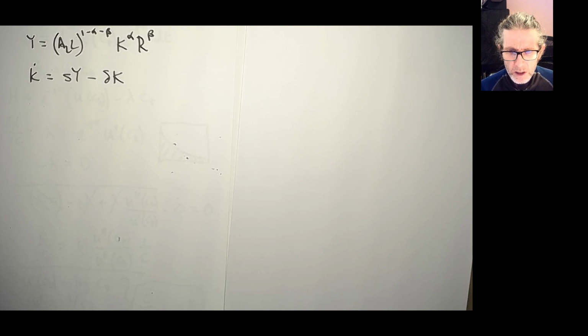So why would we assume balanced growth, and what is balanced growth? You should all know this. If you've done macro 1, you should all know what balanced growth is. But a balanced growth path is a path on which the state variables all grow at constant rates. Things change at constant rates on balanced growth.